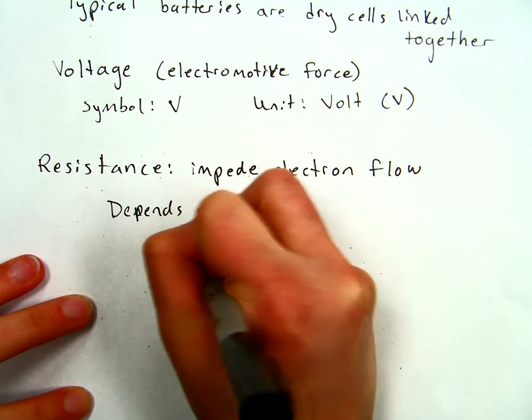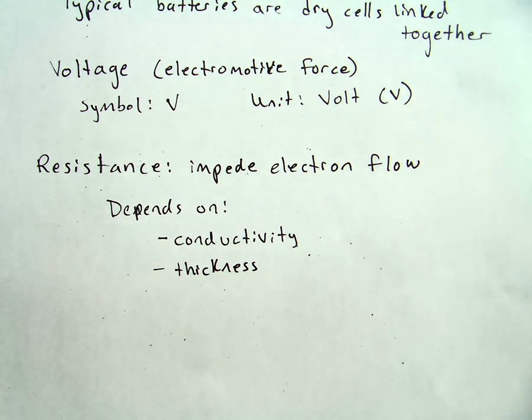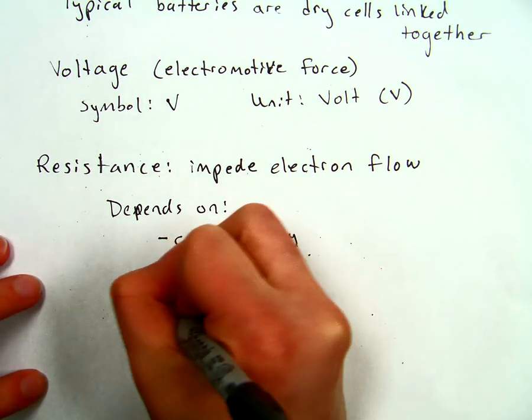Also the thickness of a wire. Best example here is when you get home after a long day, what would you rather go home to, a front door or a pet door? It's easier to go through the front door than the pet door. Same thing, if you have a thicker wire, it's easier for those electrons to flow through.